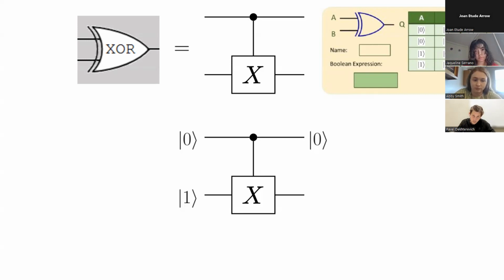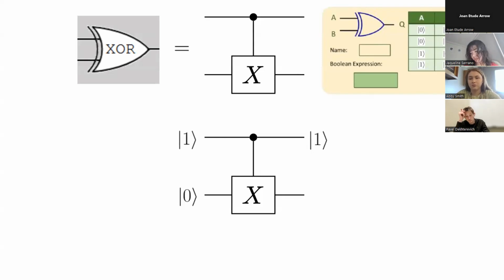Do other people agree, disagree? So remember what the control's job is. The control says if the top bit is a 0, then we don't perform a bit flip on the bottom qubit. So in fact, this would actually just remain a 1. So again, nothing happened. As long as the top bit is 0, a 0 goes to a 0 and a 1 goes to a 1.